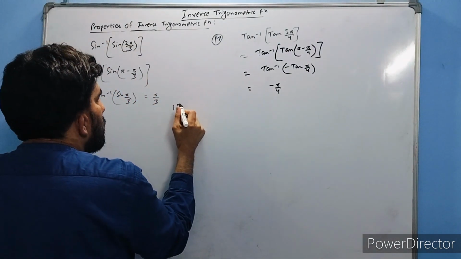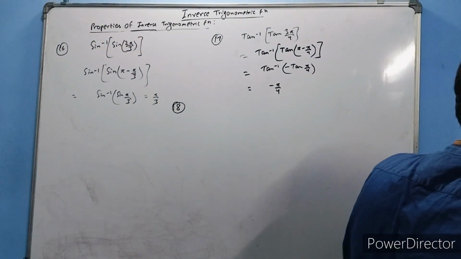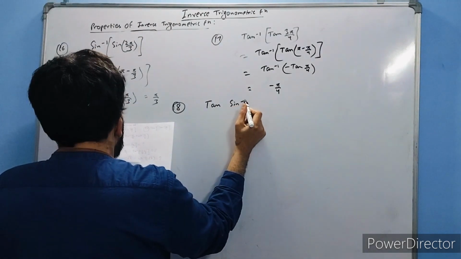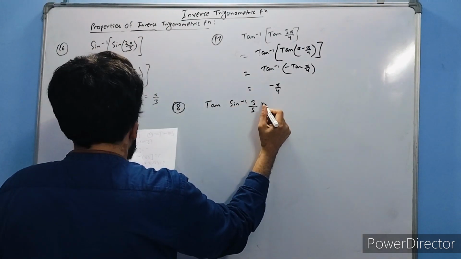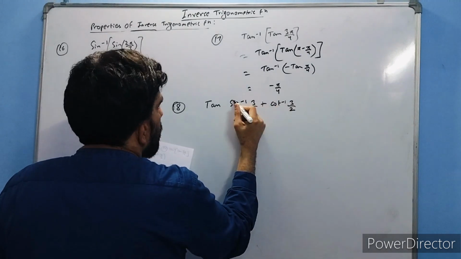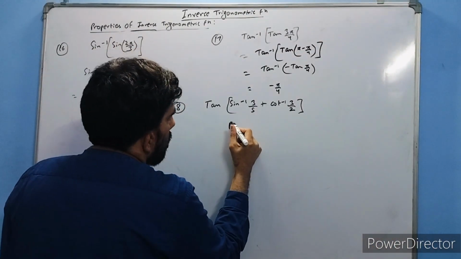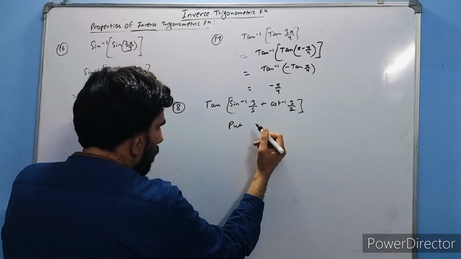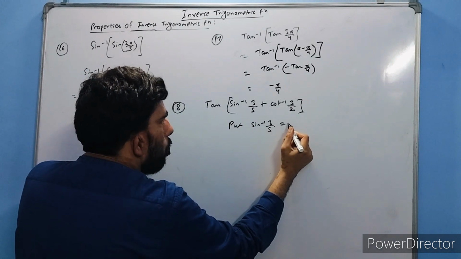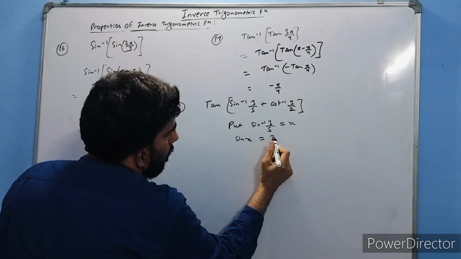Now let us try to solve the 18th numerical I have. That is the 18th question: tan of (sine inverse 3 upon 5 plus cot inverse 3 upon 2). What we can do here is put sine inverse 3 upon 5 equal to x, so that sine x is equal to 3 upon 5.